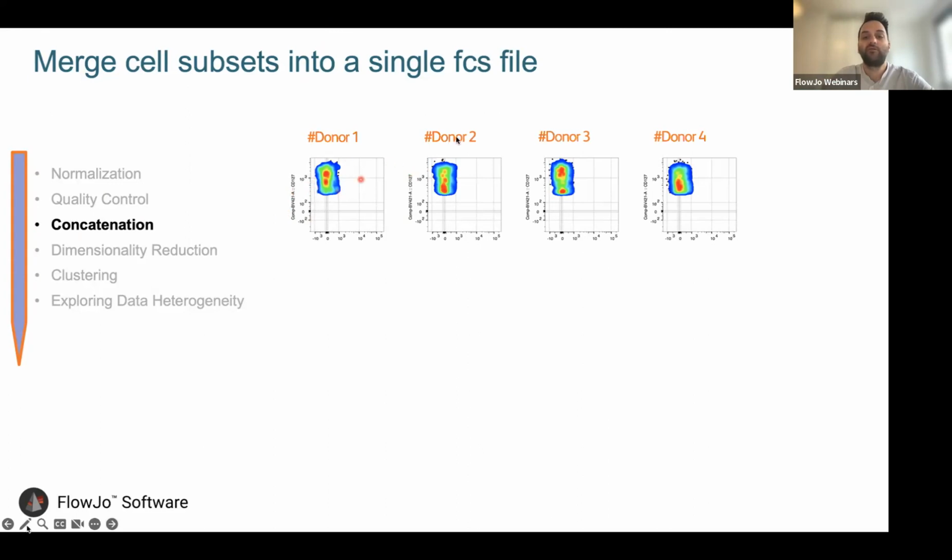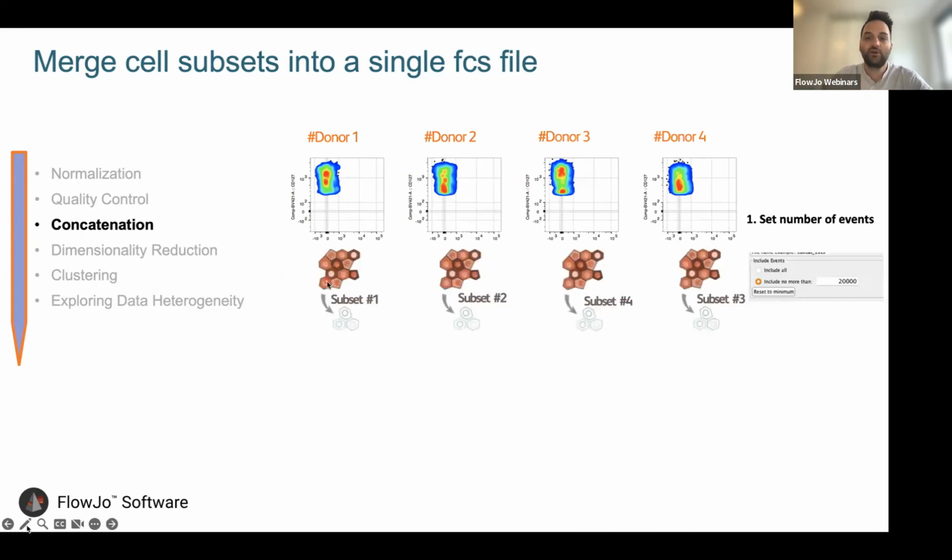Here, for example, I have 4 different donors, so you see 4 different samples. Basically what concatenation will do is take a subset of our cells. We need to set a number of events, and that should be equal. That is how we downsample through this concatenation window.